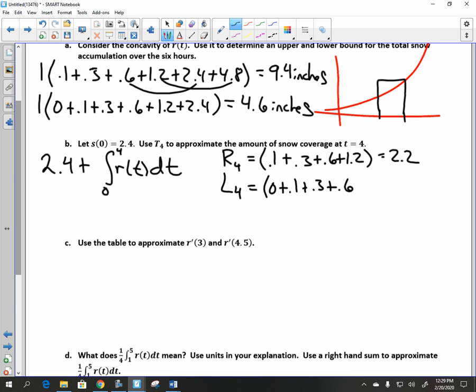Plus 0.6. So I just subtract, and I get 1. So if L sub 4 is 1 and R sub 4 is 2.2, how do I figure out T sub 4? Yeah, 3.2 divided by 2 is 1.6. That means we've had 1.6 inches of accumulation, but there's already stuff on the ground, so total coverage, we would say 2.4 plus 1.6 is equal to 4 inches of coverage.